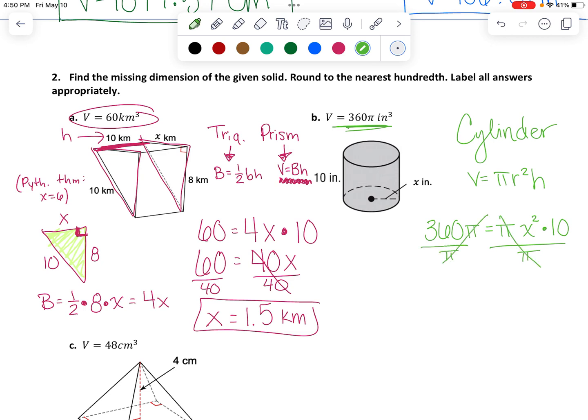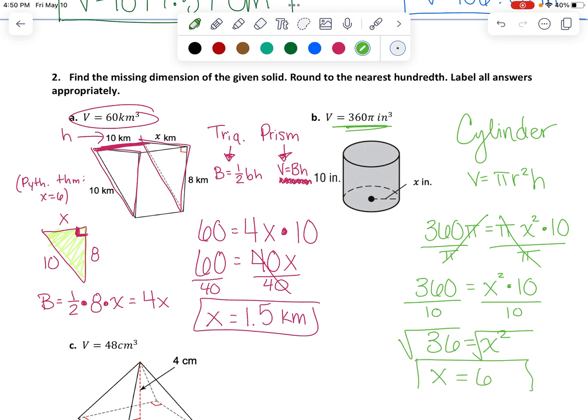I work backwards to solve for x now. I divide by the pi's. Thankfully, they cancel out. 360 equals x squared times 10. Undo the times by dividing. 36 equals x squared. To get rid of a squared, I take the square root. It does not make sense to have both a positive and a negative version, so I just go with 6, and it's in inches.